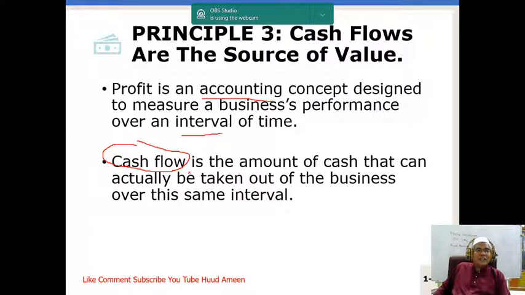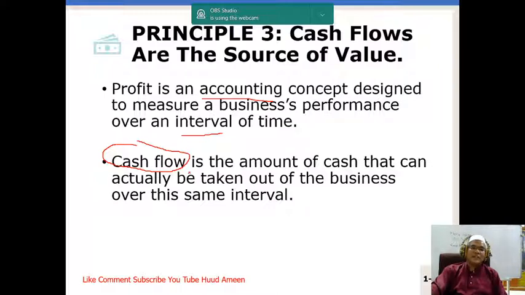So cash flow is the source of value, which will be further discussed in chapter 10. You can understand more in chapter 10. So this is the principle: cash flow is the source of value. What does that mean?